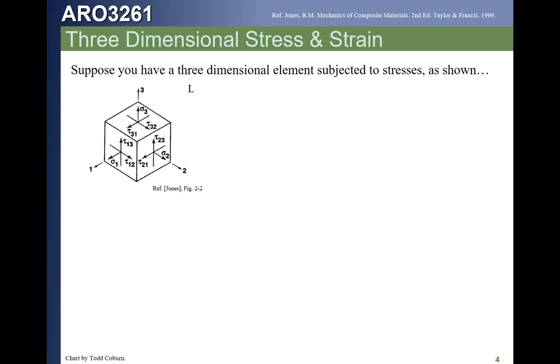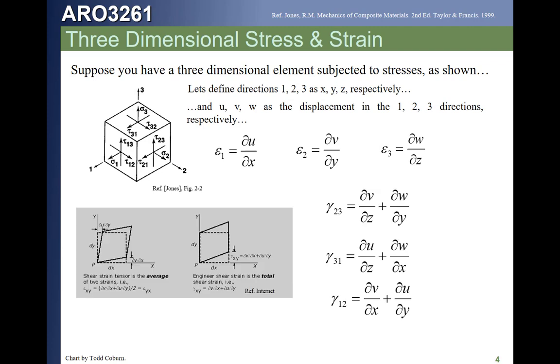Now, just to review also, we saw that normal strains were the deflection over the original length, and on a little element dx, that would be the change in length dx over dx. The strain in the 2 direction is the change in y over y. The strain in the 3 direction, the change in z over z.